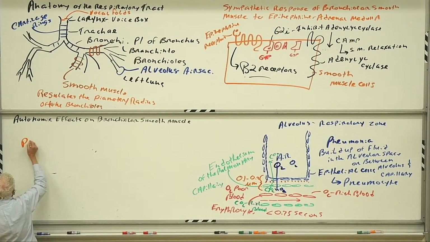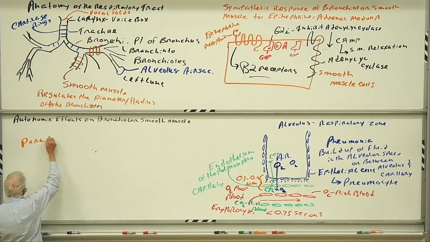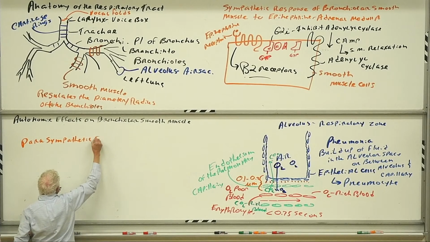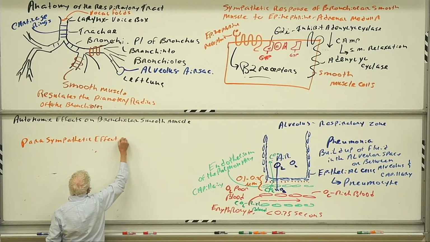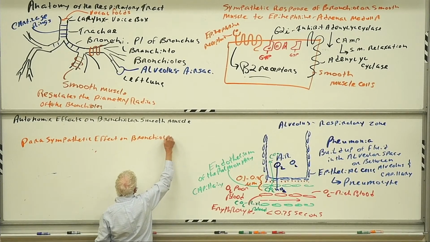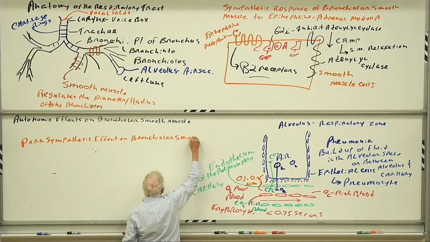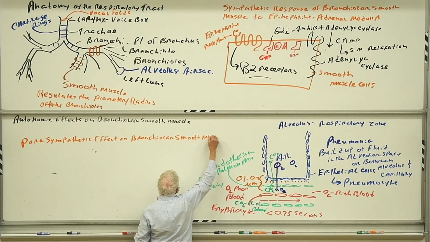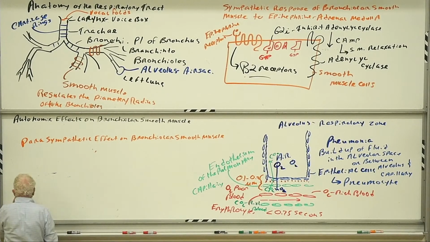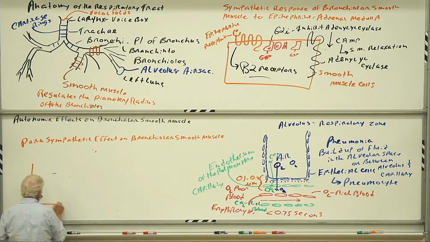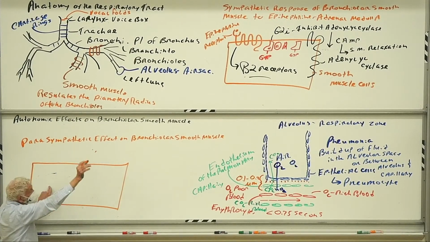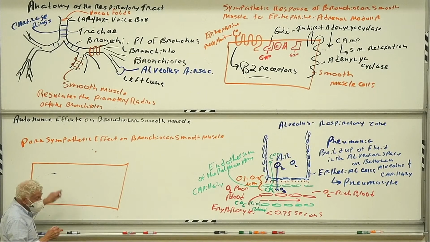So now, this box, just as we showed in the upper right, is an example of bronchiolar smooth muscle.